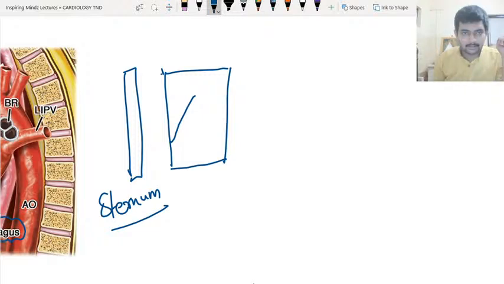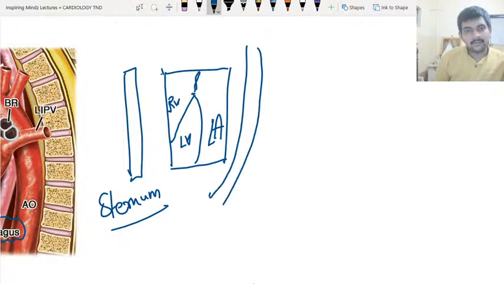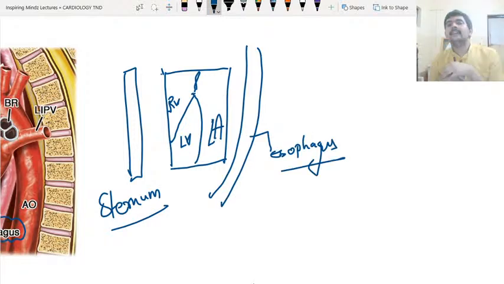You have a small part of the right ventricle, a small part of the left ventricle, but the major part of the left atrium is present over here, and posteriorly passing is your esophagus.